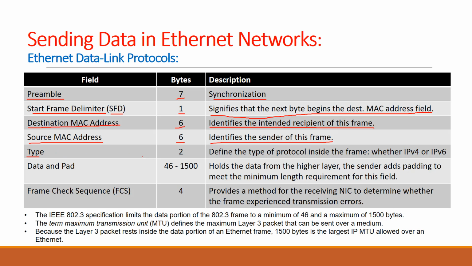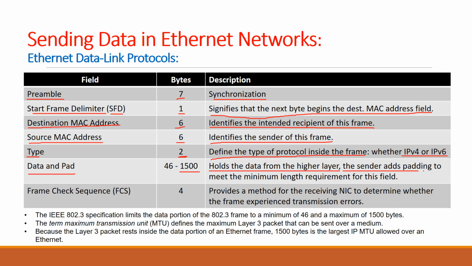The type is 2 bytes, and it defines the type of protocol inside the data field, which is IPv4 or IPv6. The data embedded from the upper layer should be a maximum of 1500 bytes, and it holds the data from the higher layer.